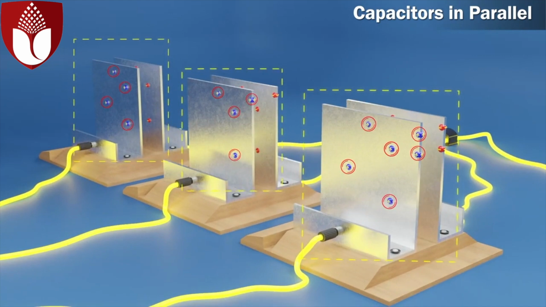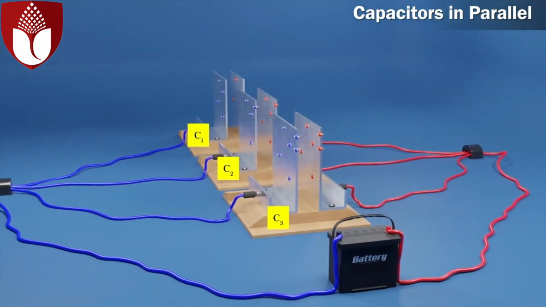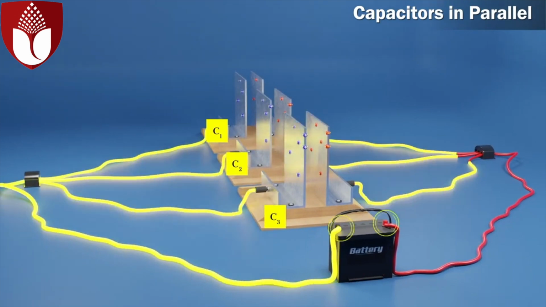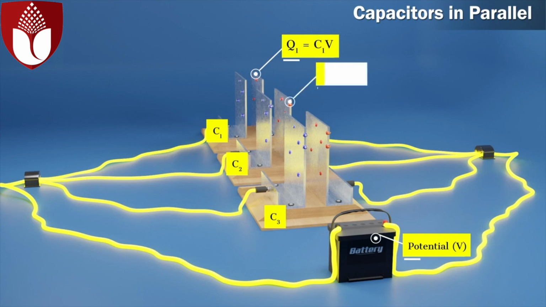If three capacitors of capacitance C1, C2, and C3 are connected to each other in a parallel circuit to a battery, resulting in a potential difference of V between the poles of the battery, it is the potential difference across each capacitor. The charge on the first capacitor Q1 is equal to C1V. The charge on the second capacitor Q2 is equal to C2V. The charge on the third capacitor Q3 is equal to C3V.